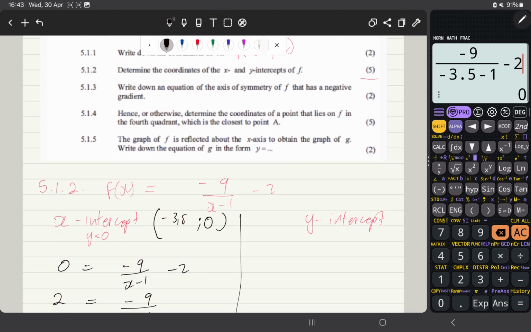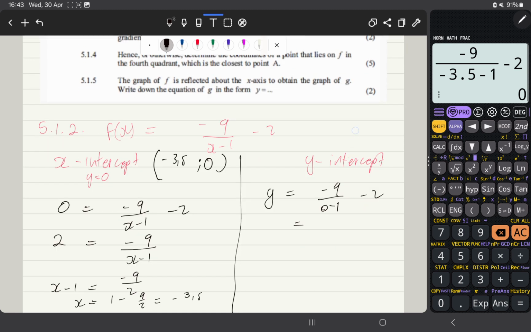Y-intercept is always quite easy. So for the y-intercept, x equals 0, so we could say y equals minus 9, 0 minus 1, minus 2. That is, you have minus 9 minus 1 minus 2. You have 9 minus 2. You have 7. That means for the y-intercept you have 0 and 7, right?